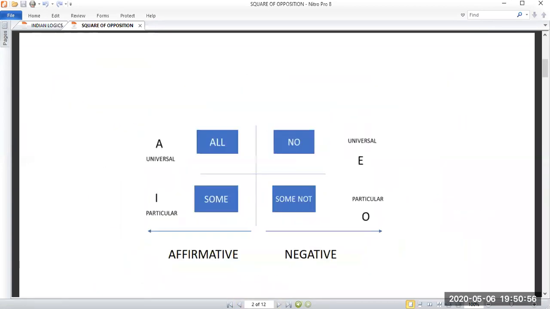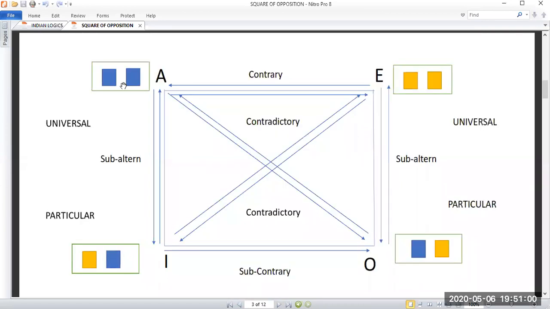You all know. For example, all balls are blue means some balls are blue. So if universal is true, particular is true.